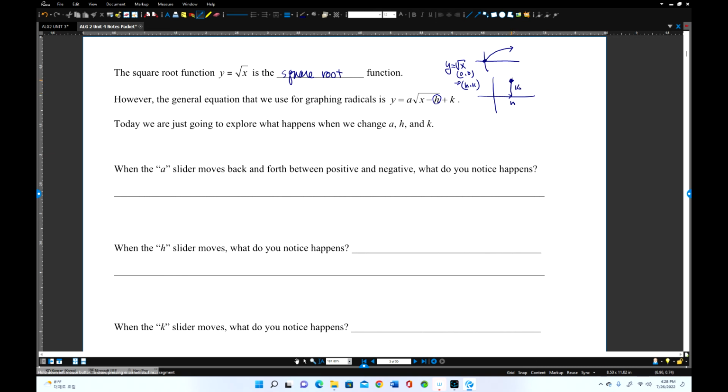This new starting point, the graph looks like this way. So our new starting point is over here, (h, k). What is a? It just stretches or shrinks. If a is greater than 1, it looks higher, a little stretch up. If a is less than 1, it goes a little down, a shrink. All right.